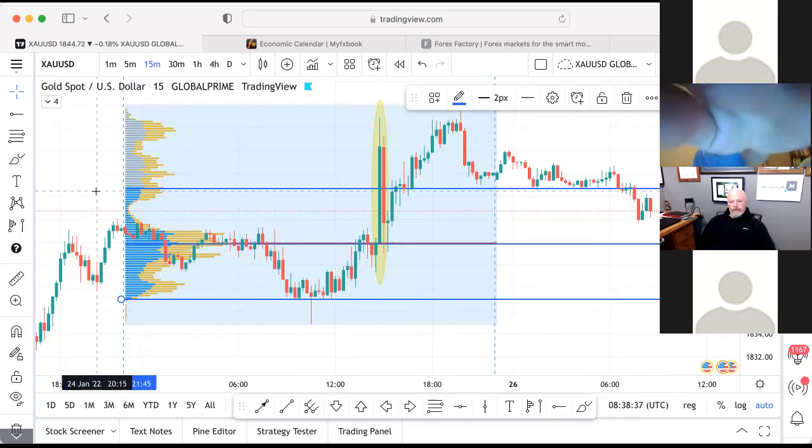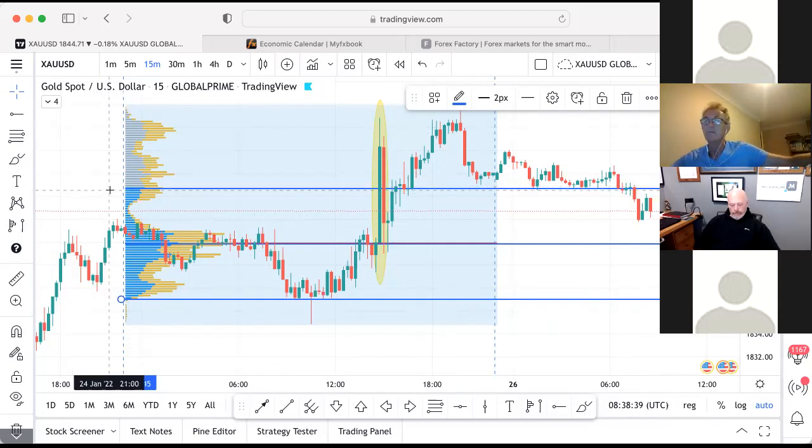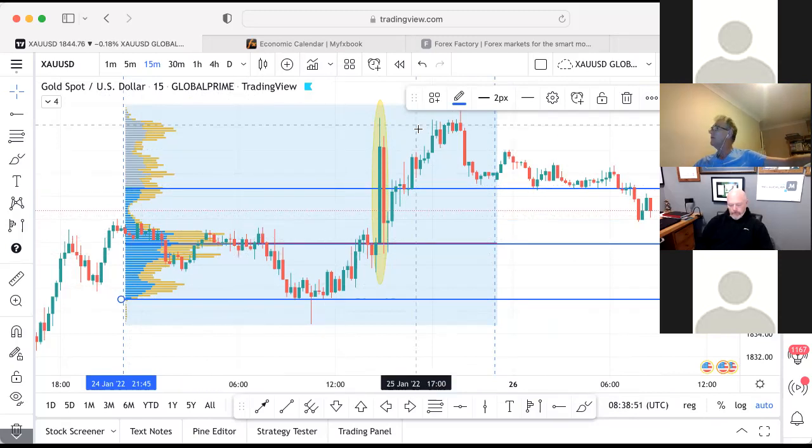So that's what is known as a value area, between that top blue line and the bottom blue line. That's the value area, that's the area that we're interested in today. What I'm going to do is change the appearance of those lines.